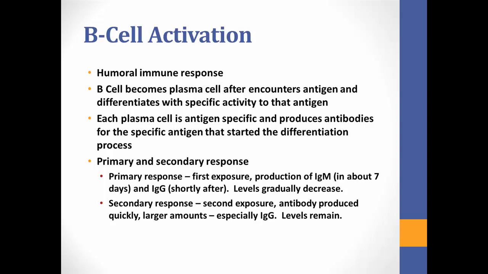As a result of the secondary exposure, you tend to have higher levels that then remain longer. But the key also to that secondary response is because you had the first response and produced memory, the second time that antigen comes back to the organism, the response is larger and faster.